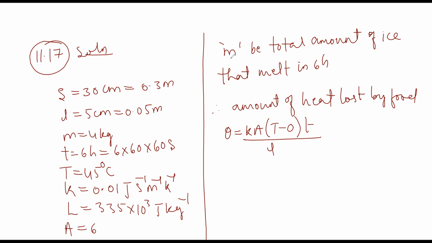A is equal to 6S², the surface area of the box, 6 into S², 6 into 0.3 whole square.